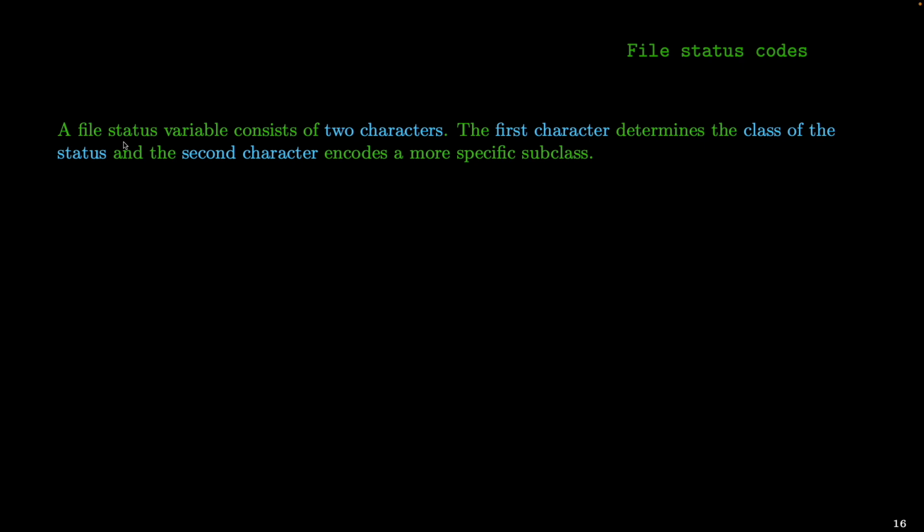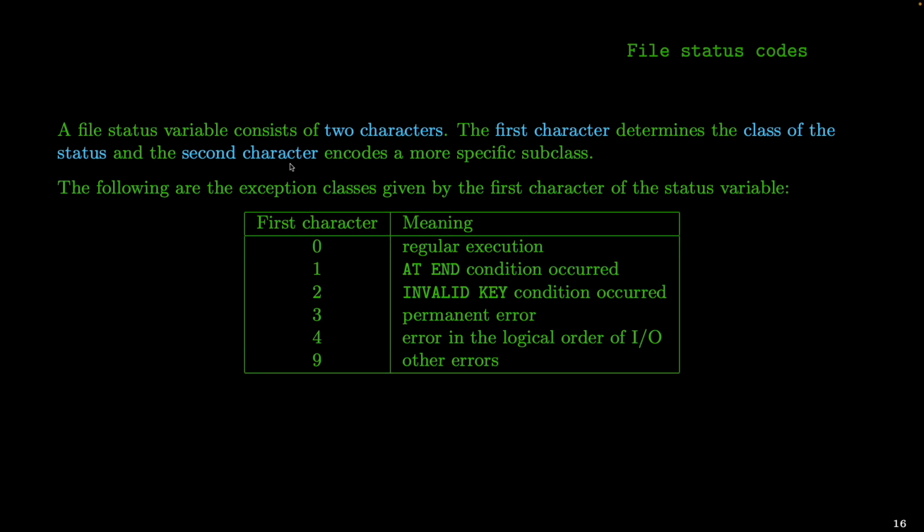The first character determines the class of the status, and the second character encodes a more specific subclass. Think of the class as the general type of error or exception, which then gets made more precise in the second character.